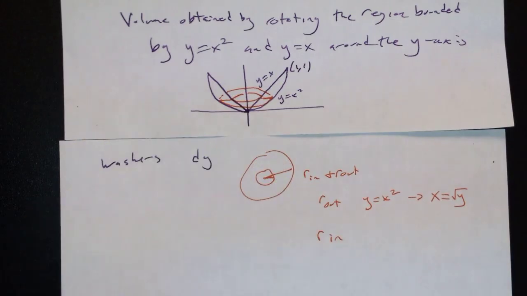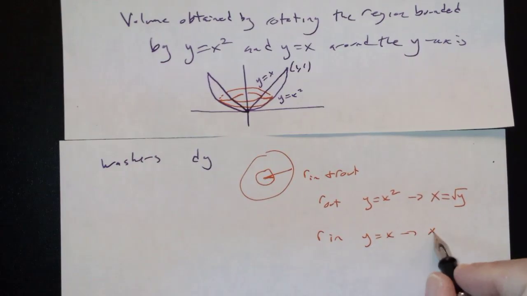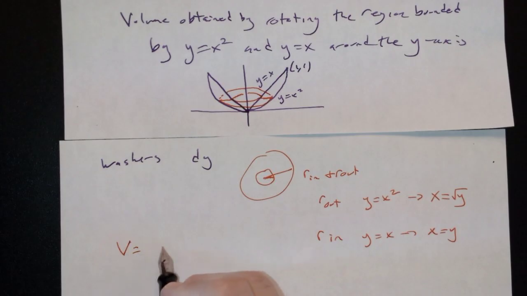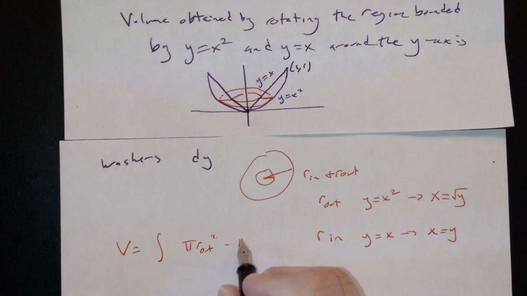So that goes to the line y equals x. Well, if it's y equals x, then it's x equals y. And the volume is the integral of pi r out squared minus pi r in squared.